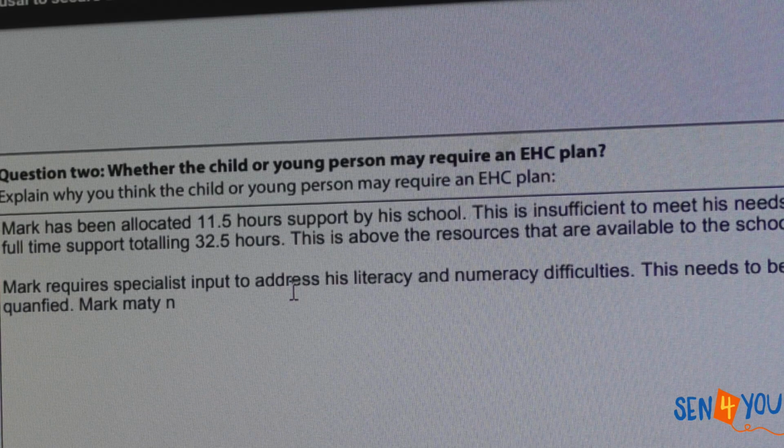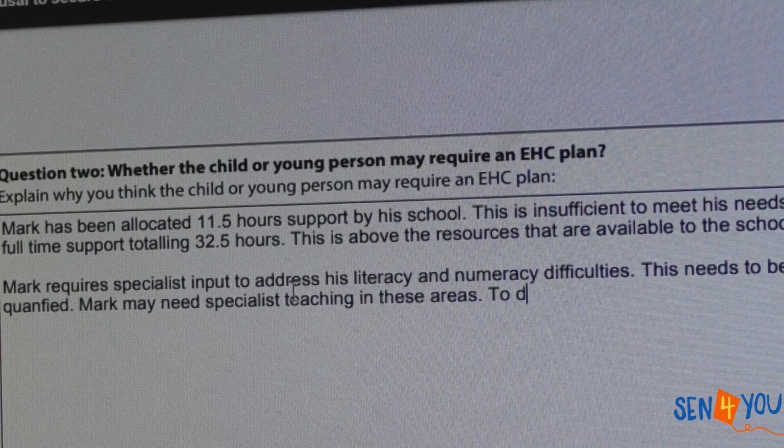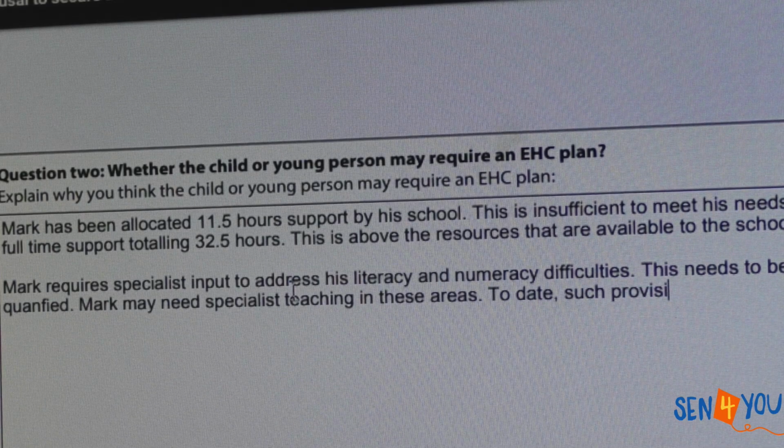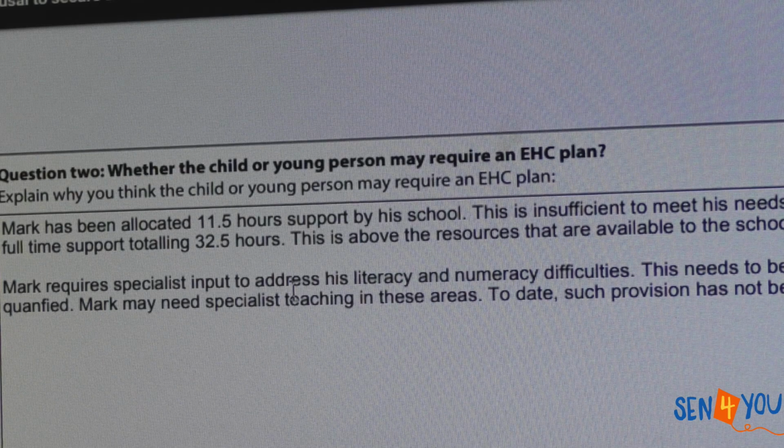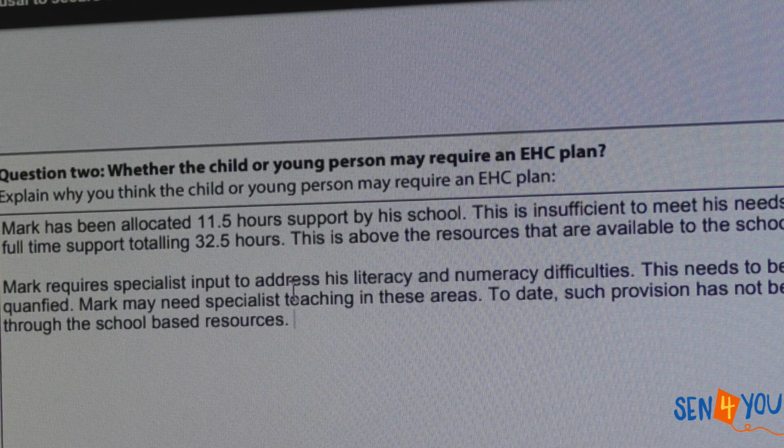Mark may need specialist teaching in these areas. To date, such provision has not been provided through the school-based resources. So you can see what you're doing here.